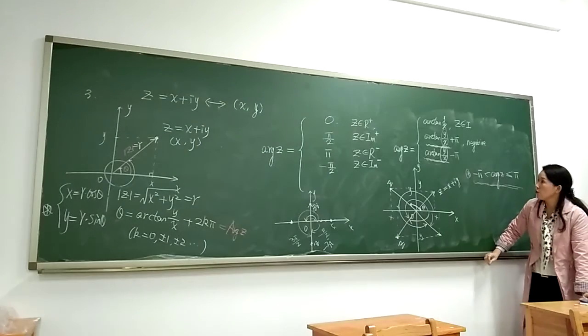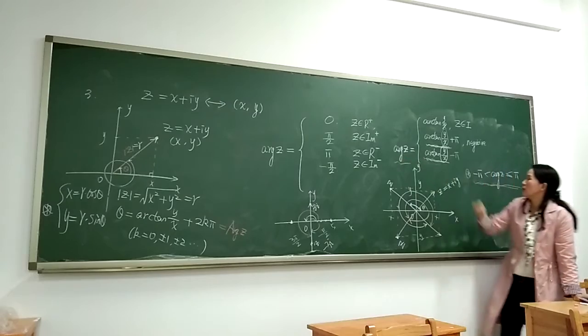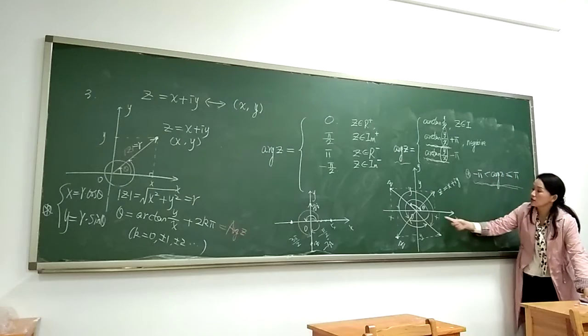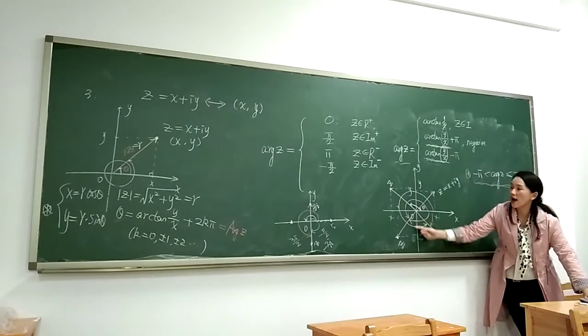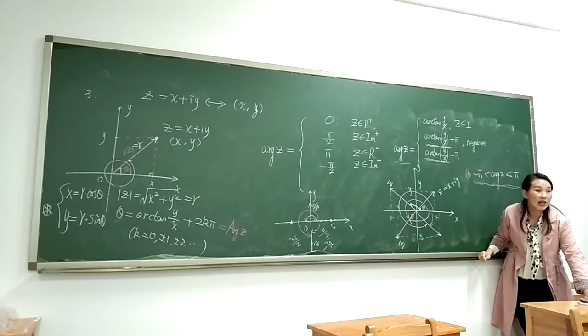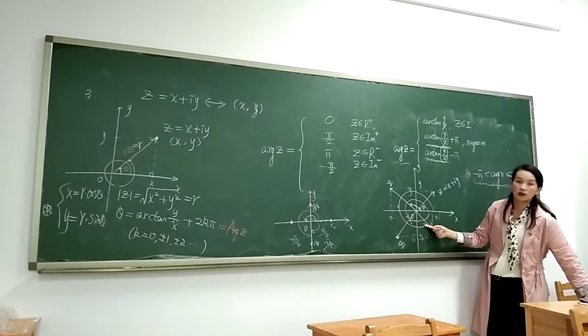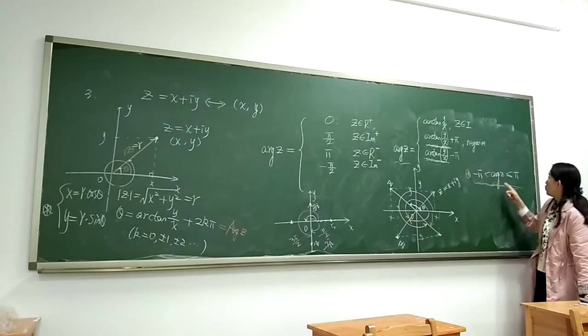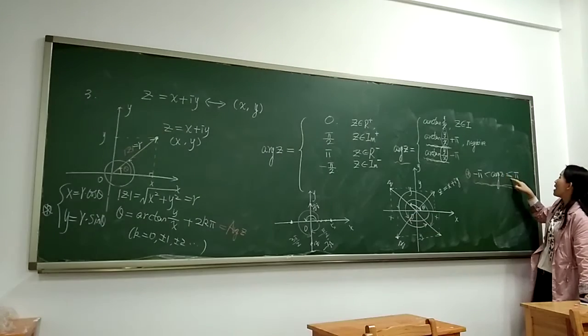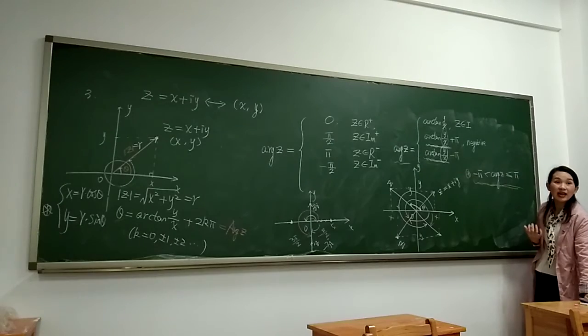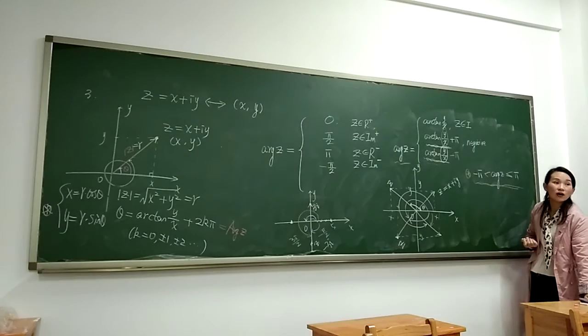Please tell me, if you want to find this value, you need this red one or this white one? White one. But this white one is so big, more than pi, not less than pi. Yes or no?